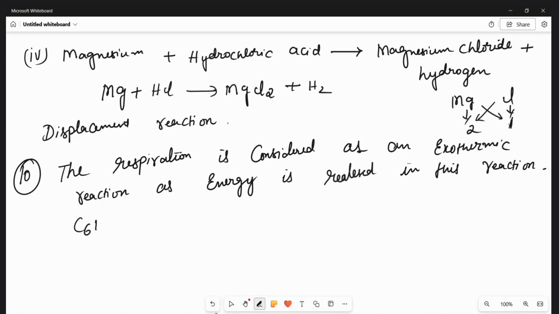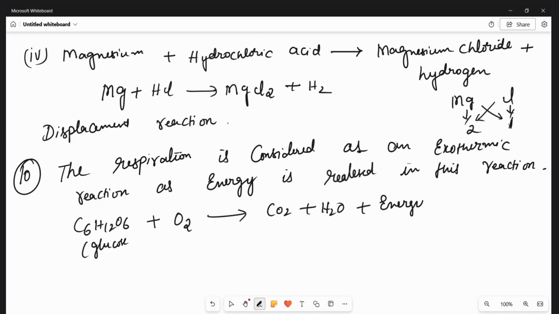And here, C6H12O6, that is glucose, plus oxygen, we get carbon dioxide plus water plus the energy released.